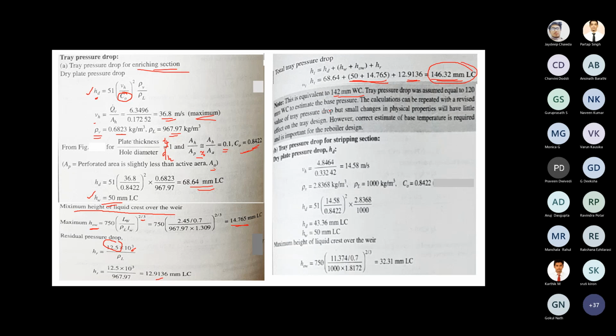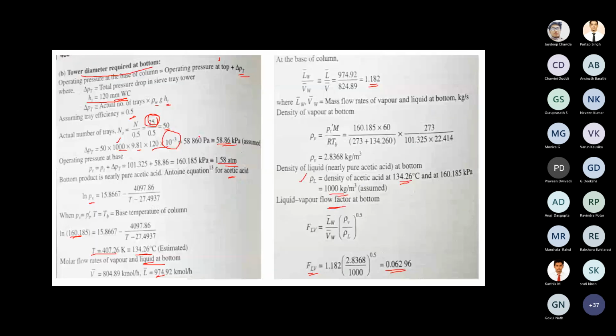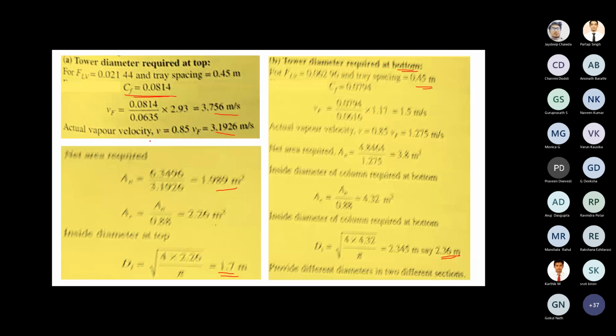Okay, you can convert. So the tray pressure drop we assumed to be 120 mm water column to estimate the base pressure. What is the value that we have used earlier for the bottom section? 120 mm we have used, correct? So you can cross verify at this point.